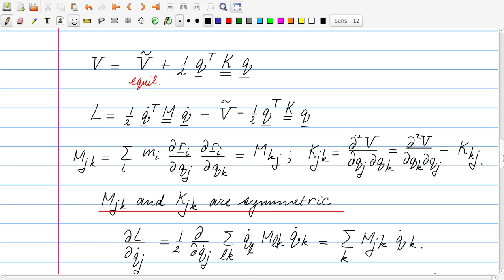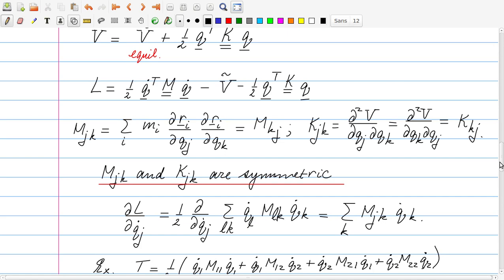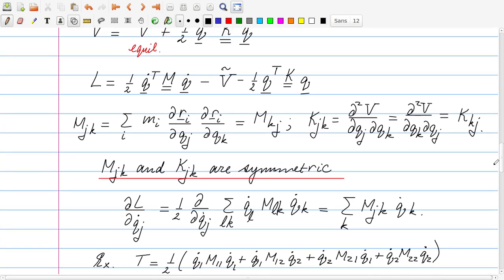We have two contributions, and to be more specific, I work out an example here where we have only 2 degrees of freedom. So then I can write out this expression. It's q̇1 M11 q̇1, and then we have q̇1 q̇2, q̇2 q̇1, q̇2 q̇2 with the appropriate matrix elements.